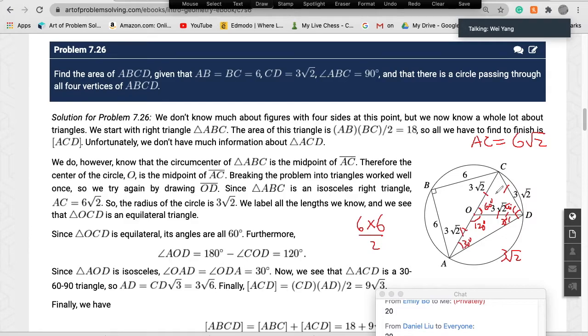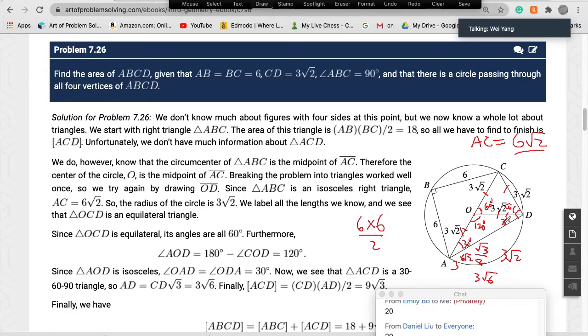The hypotenuse AC is still 6 root 2. Because this angle is 30 degrees, AD will equal root 3 over 2 times AC. AC is 6 root 2, so this one equals 3 root 6.